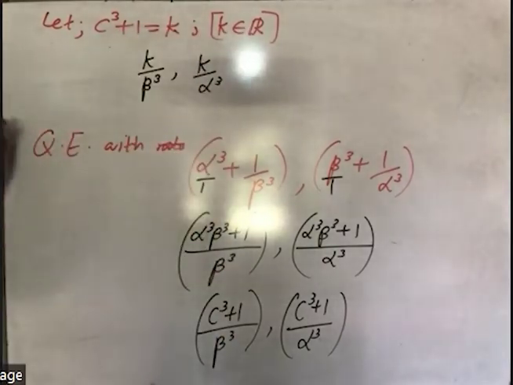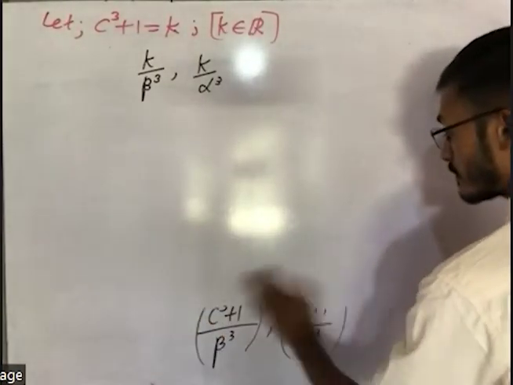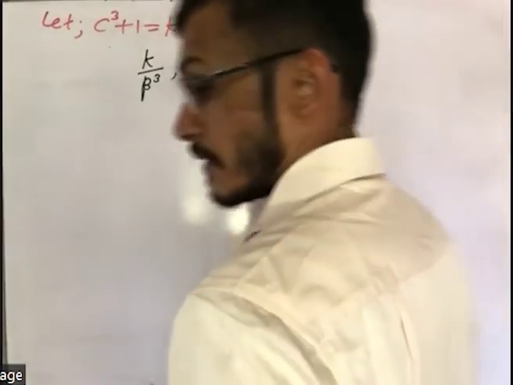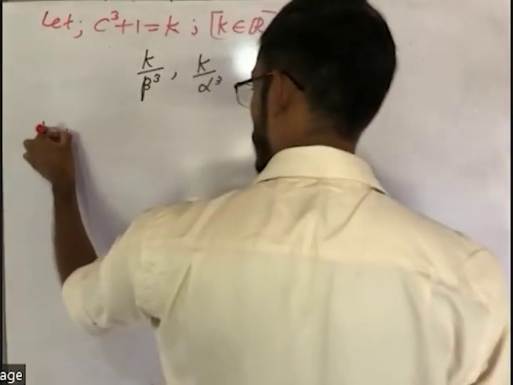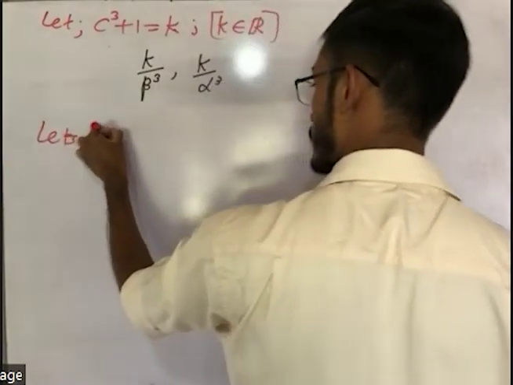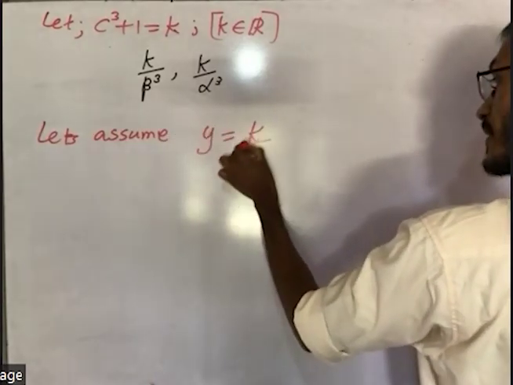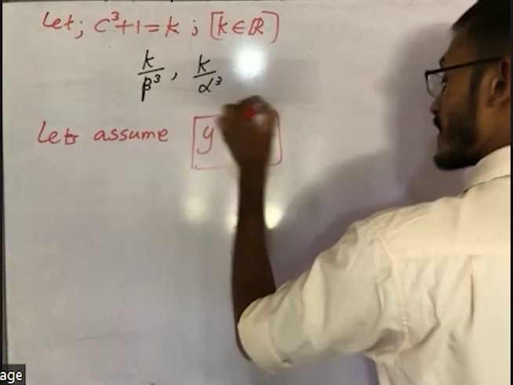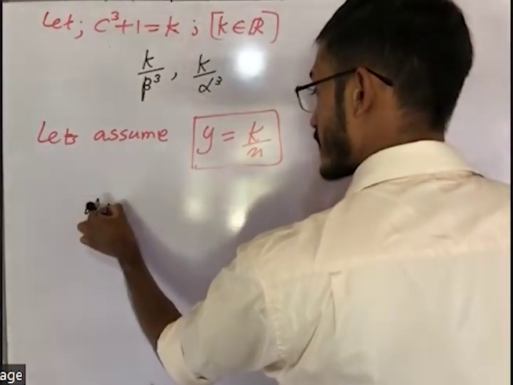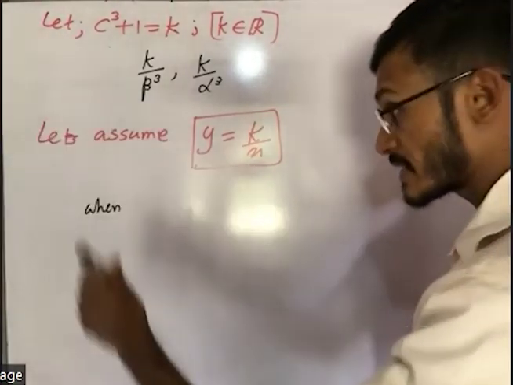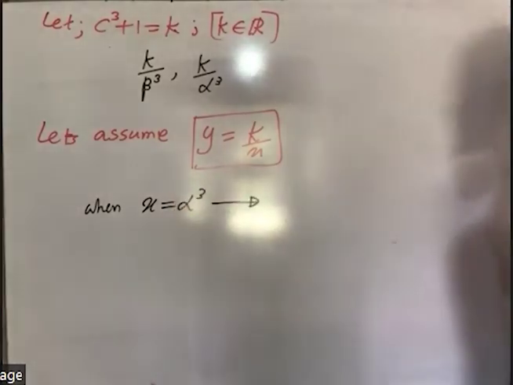Now look at this. Let's assume y equal to k over x. We know that in the previous equation, x is equal to alpha to the power 3 or x equal to beta to the power 3.